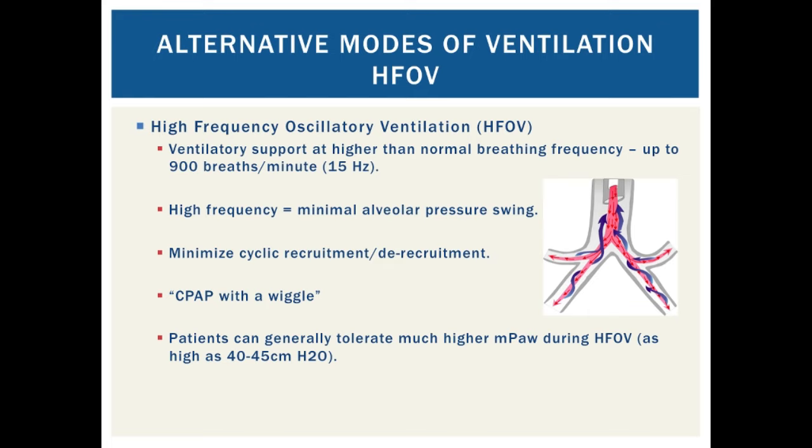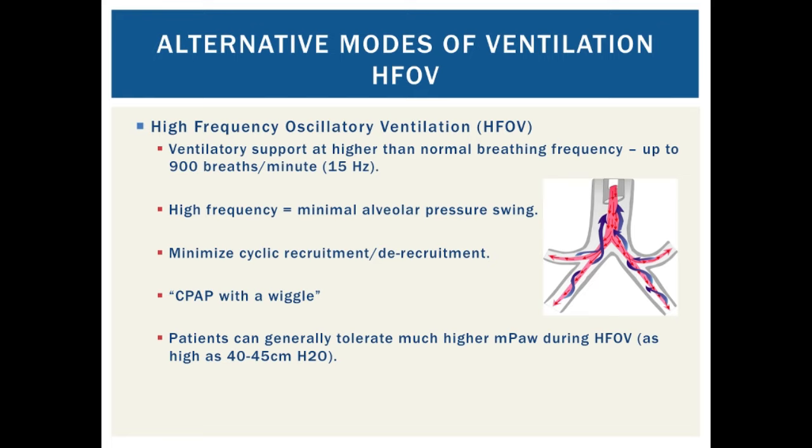So some of the benefits of this, well, I've heard people call it CPAP with a wiggle. That's a good way to think about it: there's a constant pressure there, and there's just enough vibration that air is moving through, in and out. And this is just a picture of what some of the flow looks like. There are some really interesting articles on how the air moves through the airways, but it's a little complicated and probably beyond the scope of this quick talk.